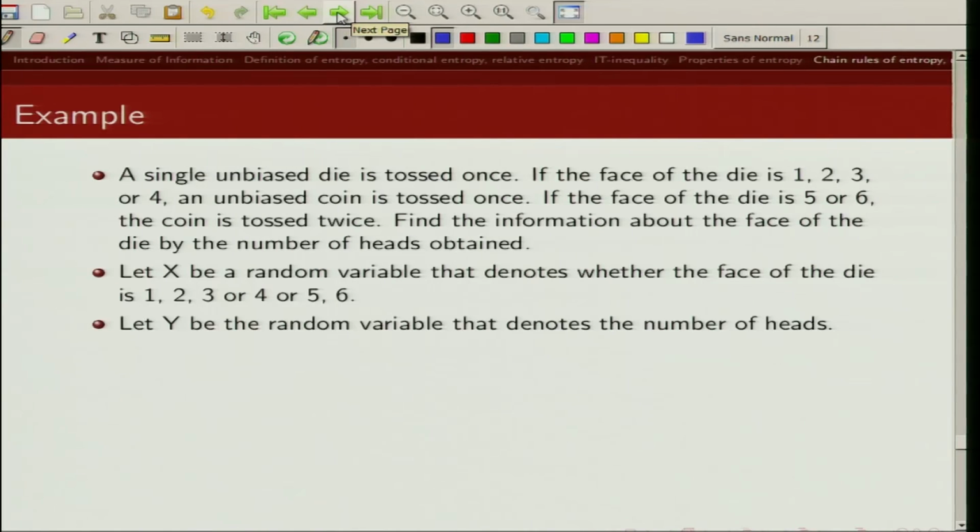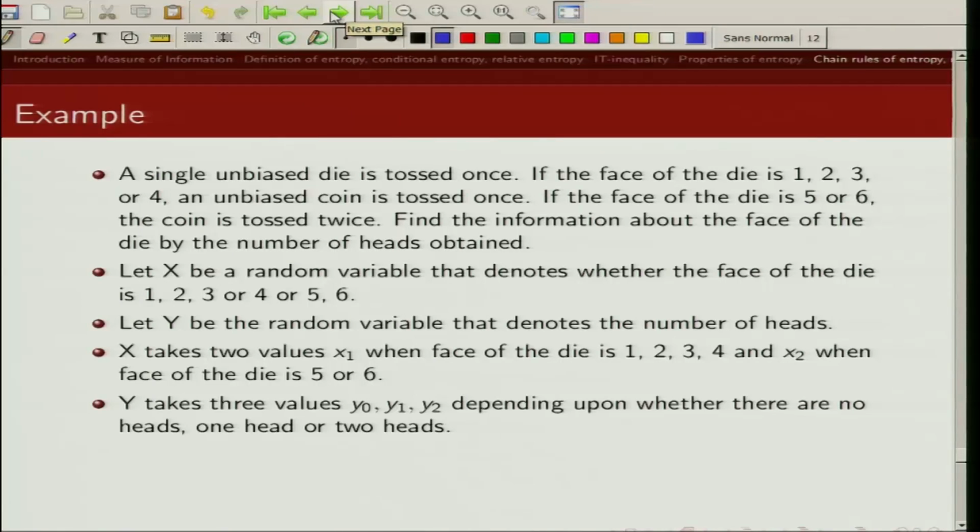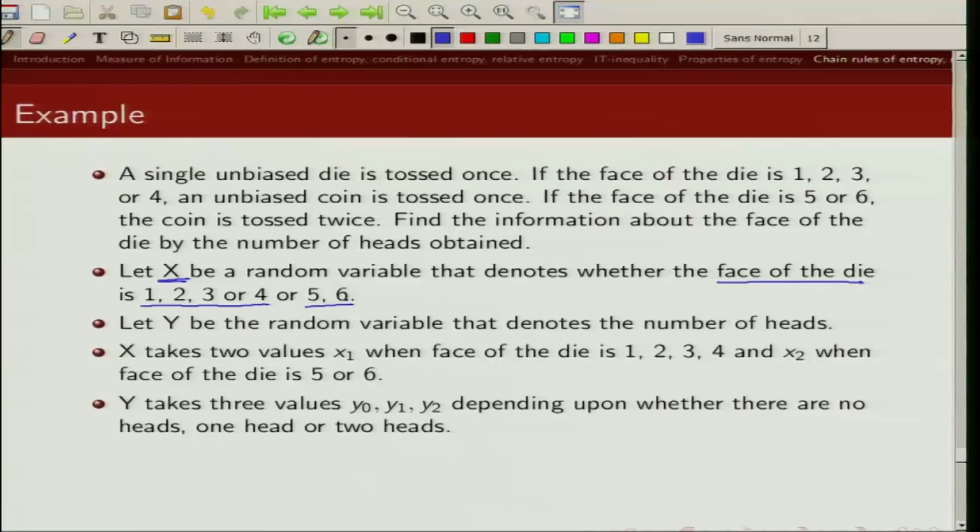So that's what I have written here. x is a random variable that denotes the outcome of the throwing of the dice. So this can be either 1, 2, 3, 4, for which I take one set of actions, or 5 or 6, for which I take another set of actions. And let y be the output of my tossing of the coin, where I am interested in counting the number of heads.